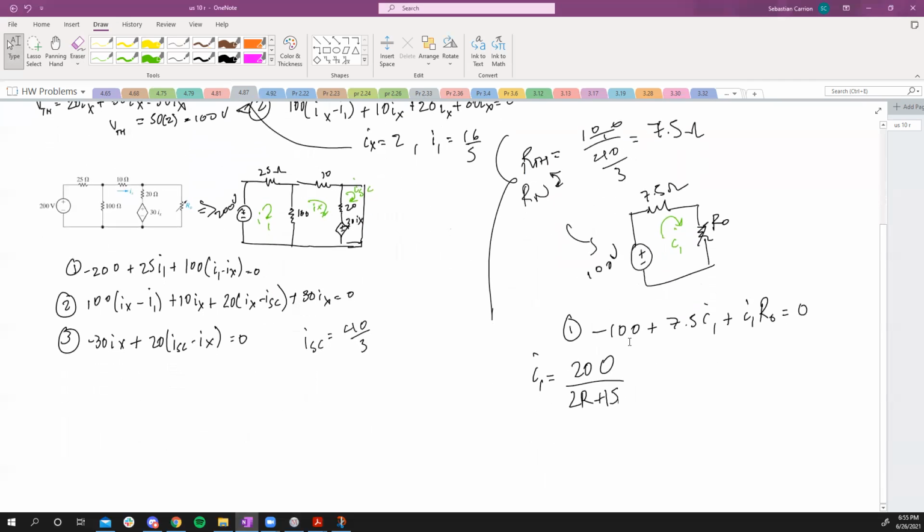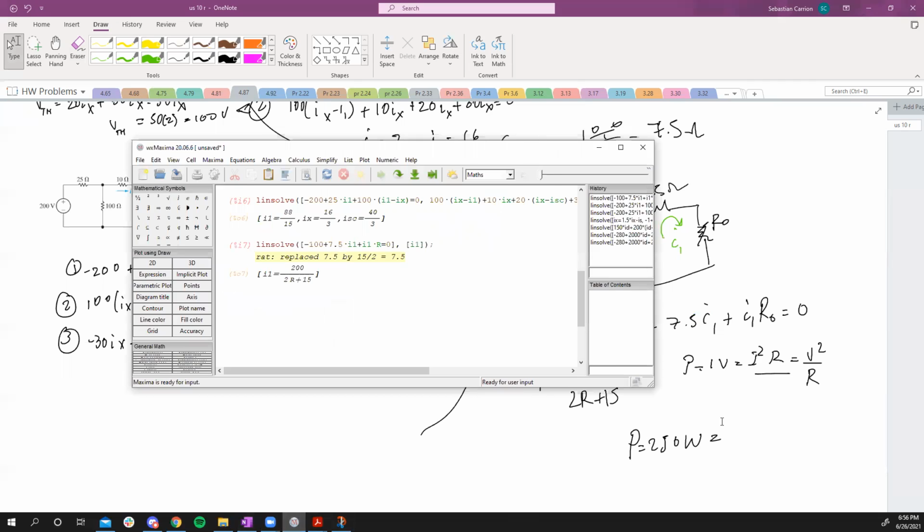So this is where we go ahead and play with the power equation. We know that power equals I times V, or I squared times R, or V squared over R. So you just use I squared times R. We know that power is 250 watts.